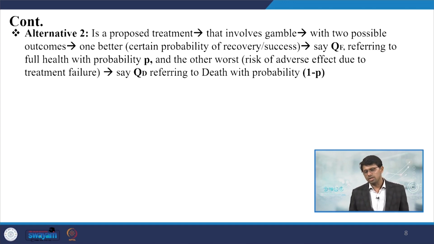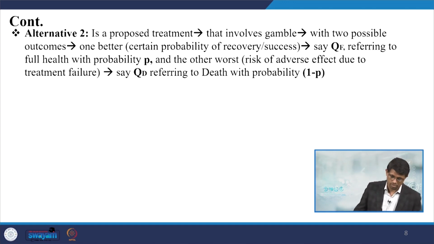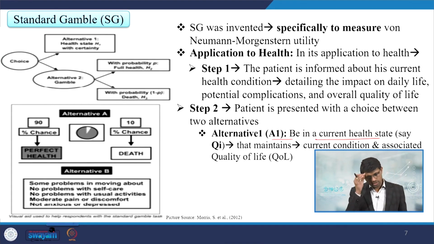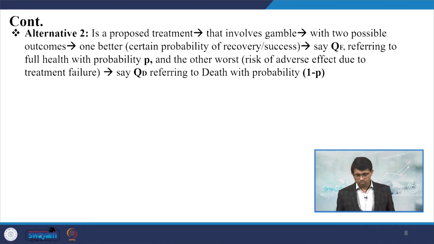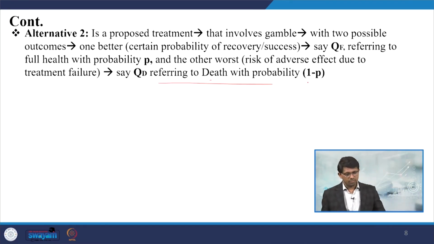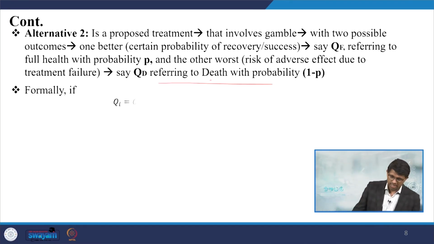So, it is called the risk of adverse effect due to treatment failure. Either this is what is mentioned with probability P and probability 1 minus P, and treatment failure might refer to death with probability 1 minus P.